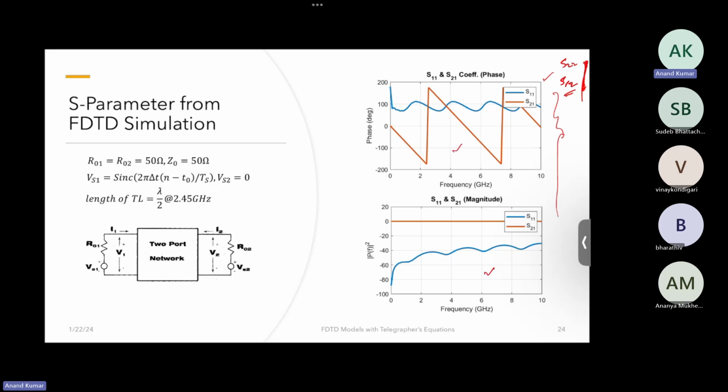Our code simulated just a simple transmission line of length lambda by 2 at 2.45 gigahertz. So this was just a transmission line of 50 ohms, terminated in 50 ohms. We have an excitation at port 1.